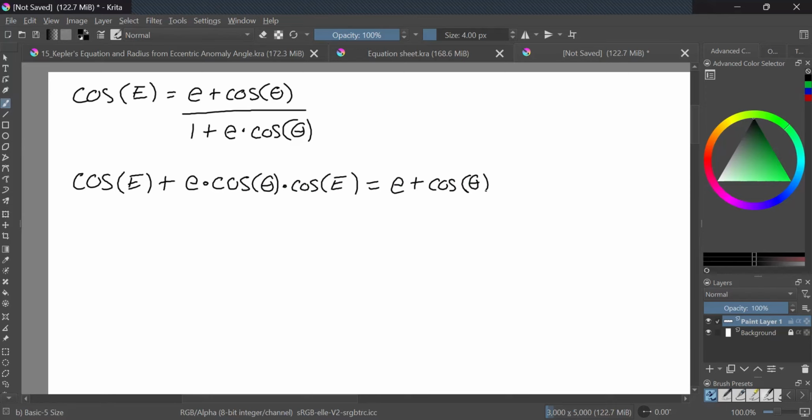All right. Well, we're trying to solve for theta, so let's put all of the theta terms over on one side.